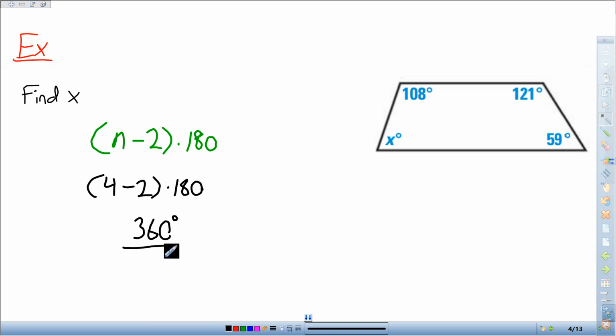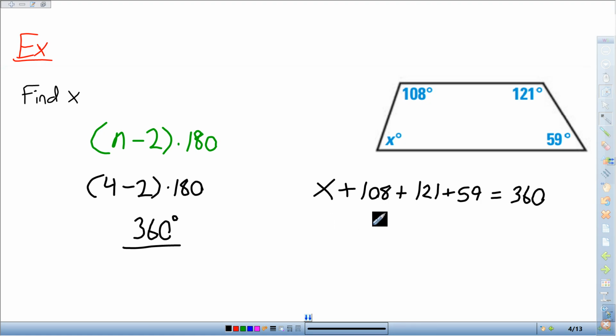If you want to underline this, that's not our answer, that's not what they were asking for, but it is what we can now use as part of the equation we're going to write out. Let's start by adding together these 4 angles: x plus 108 plus 121 plus 59. All 4 angles added together equal 360.